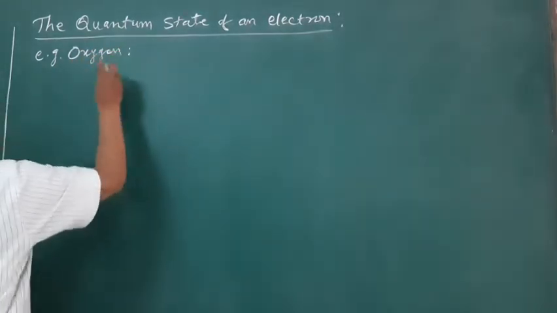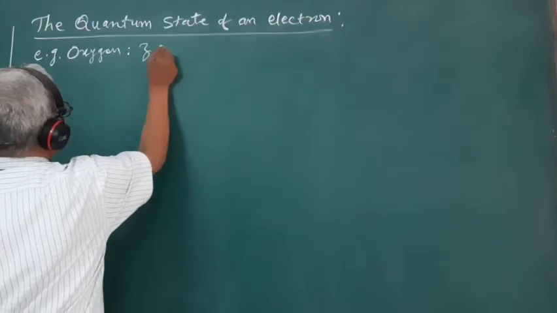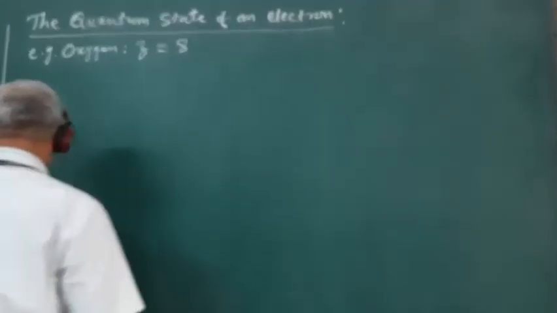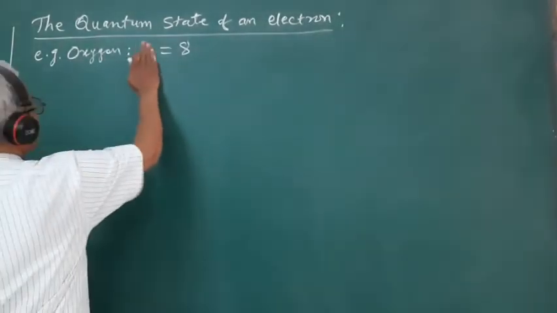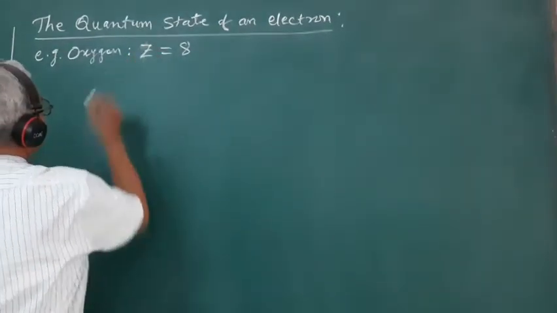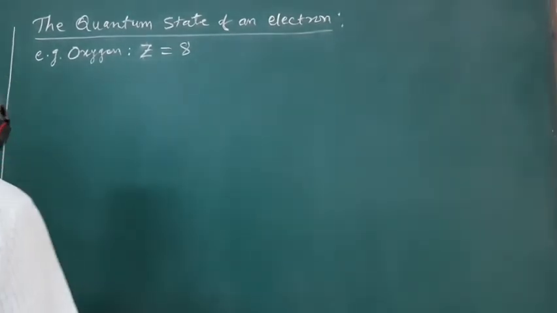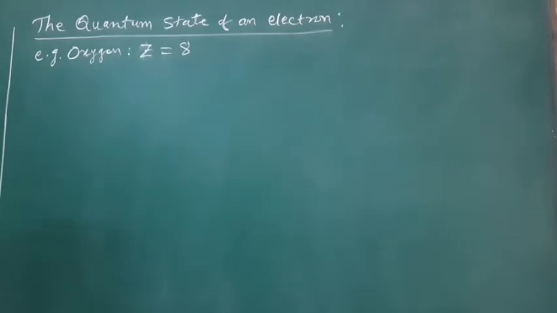For oxygen, we know that the atomic number is 8, Z is equal to 8, which indicates that there are 8 electrons in the oxygen atom.